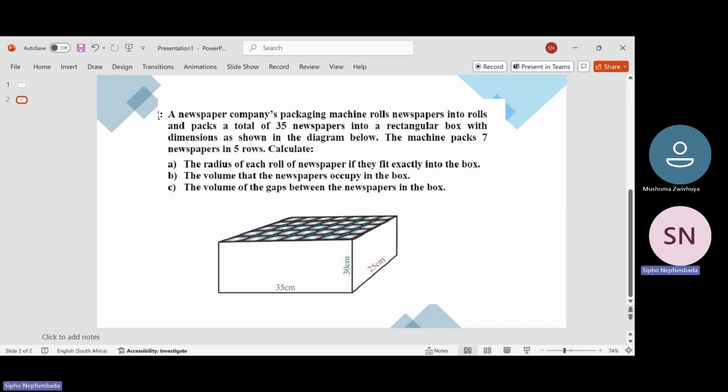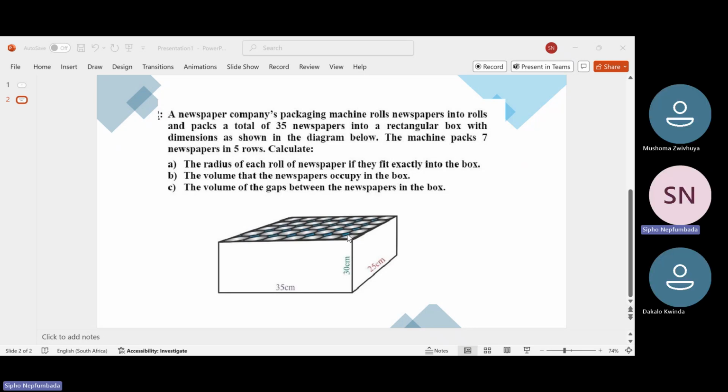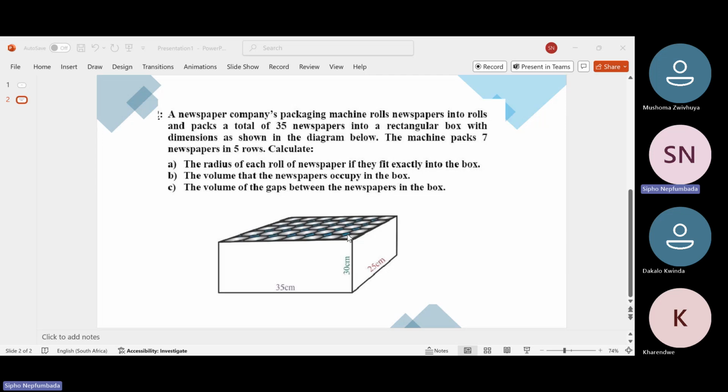Guys, can you see the screen? Is my mic working? Moshoma, can you please comment? Even though I can't hear you, as long as I hear your voice. Dakaro, can you see the screen? Yes. Okay. Okay, let's start to answer this question. Can you read the question for us, Karendwe?